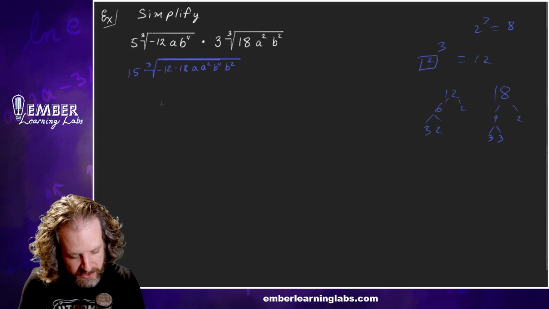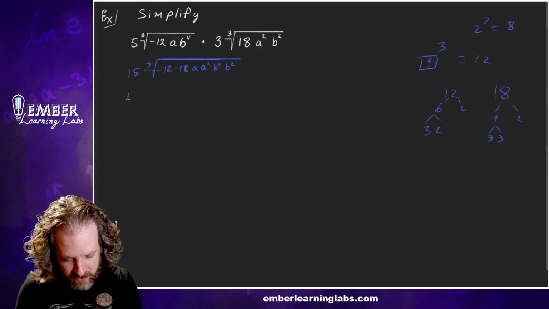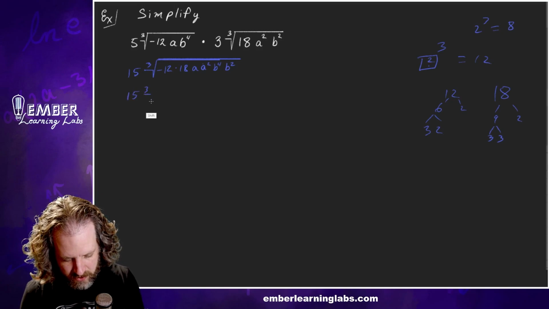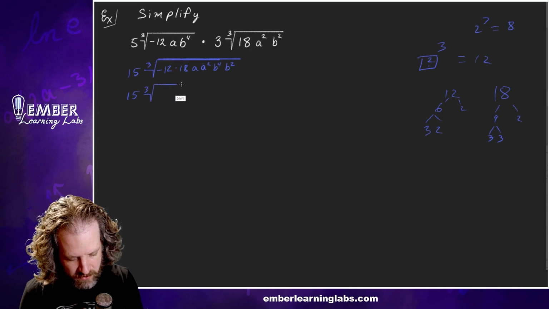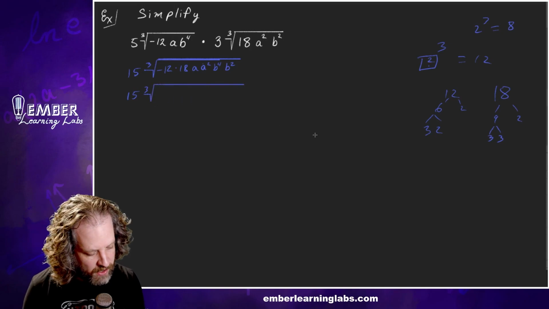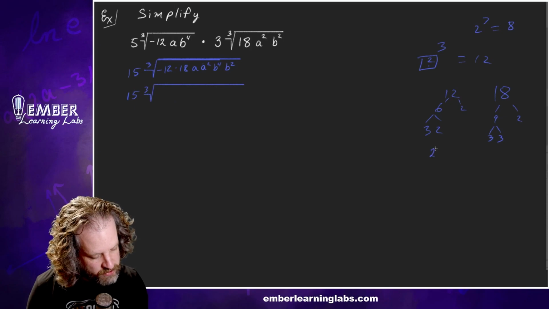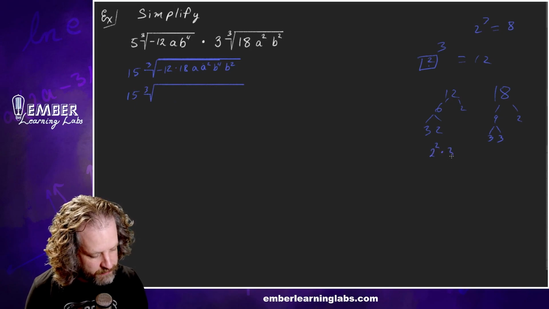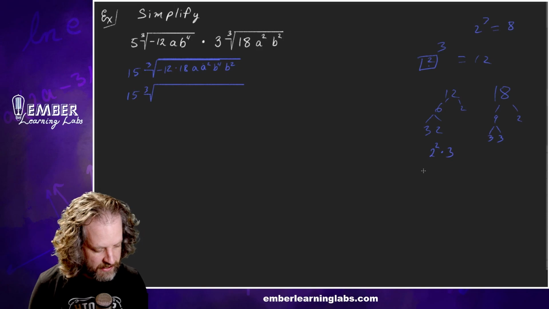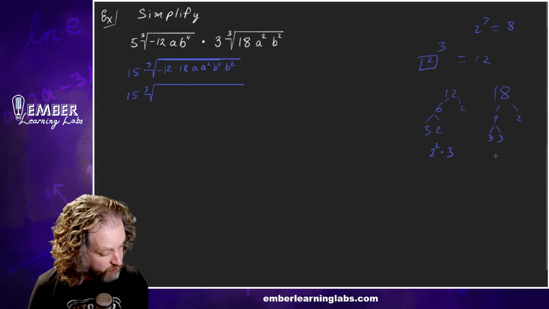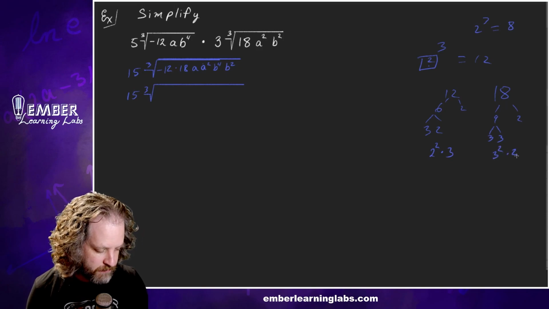So let's see if we can do that. 15 times the cube root of, so 12, we're going to turn it into 2 squared times 3, right? And 18, we're going to turn into 3 squared times 2.